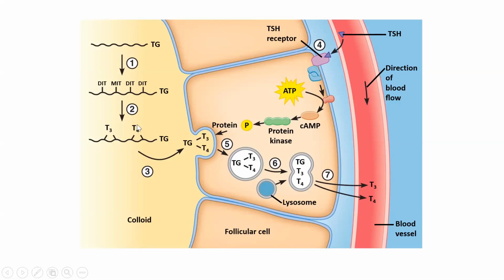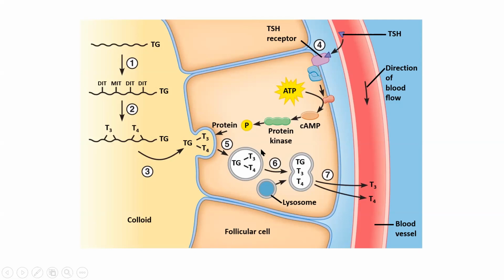So we have these 2 different versions of thyroid hormone that are formed here by combining this iodide to the thyroglobulin to make either T3 or T4. Now that T3 or T4, I'm getting tongue-tied, is then brought into the cell, the follicular cell, by endocytosis.